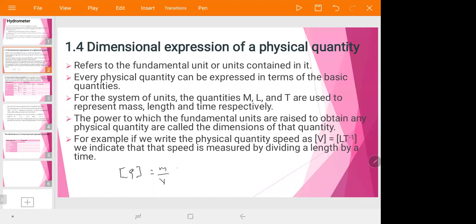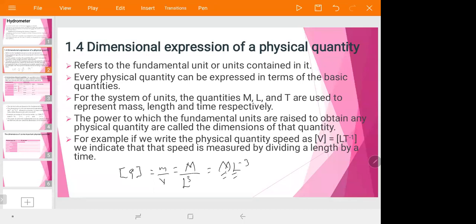We will see. The dimension of mass is capital M. The dimension of volume is L cube. If you see, mass is a fundamental physical quantity. For example, how many masses here? One.